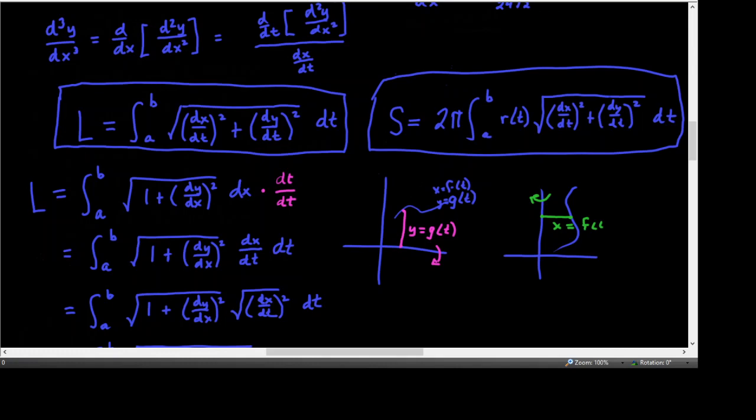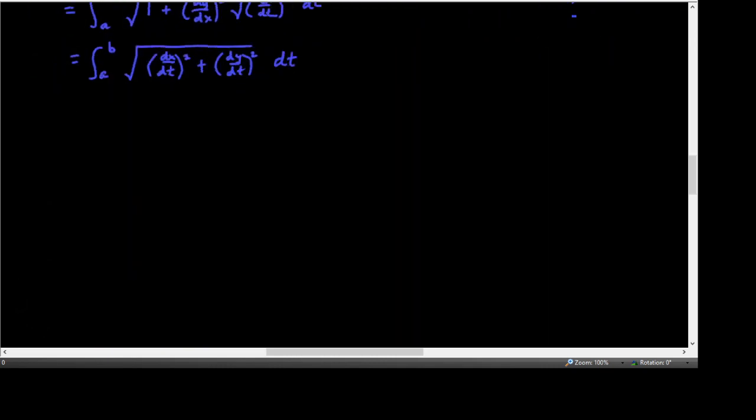And so you can see how that radius function of t, if revolving about the x or y-axis, is simply f of t or g of t, depending on which one you're revolving about. Again, this is one of those times where I would draw a good picture so I can understand what's going on and then figure out what that radius function will be for that particular problem and go from there.